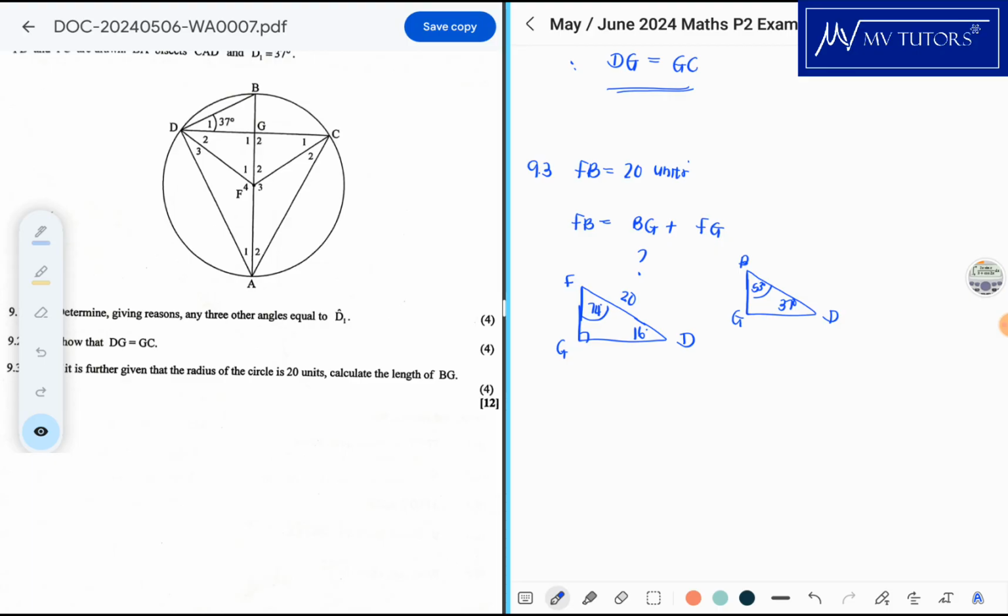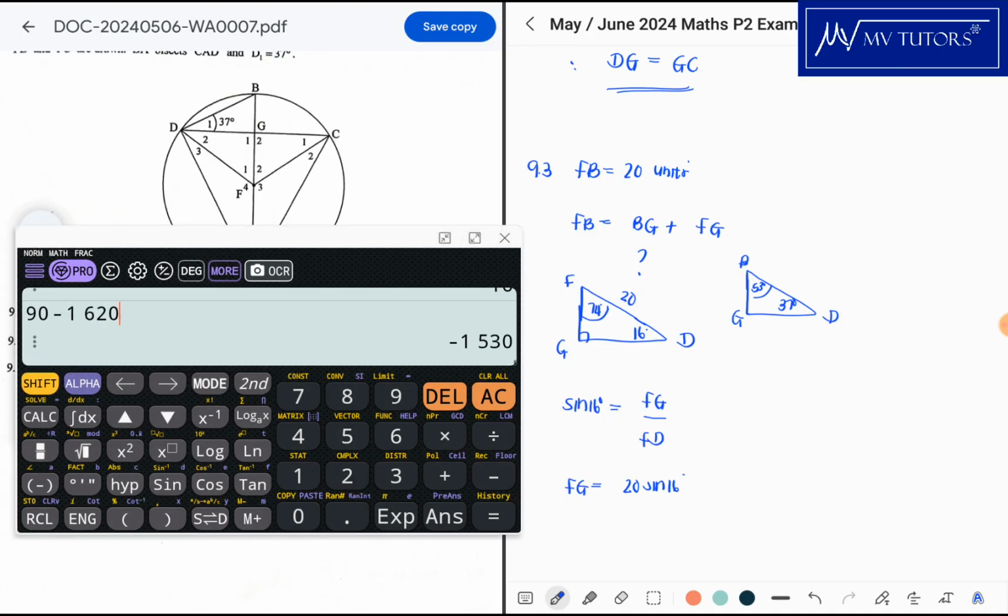So I have 20 and I'm looking for FG. If I say sine 16 is equal to FG over FD, I know that FG is 20 sine 16. And what is 20 sine 16?